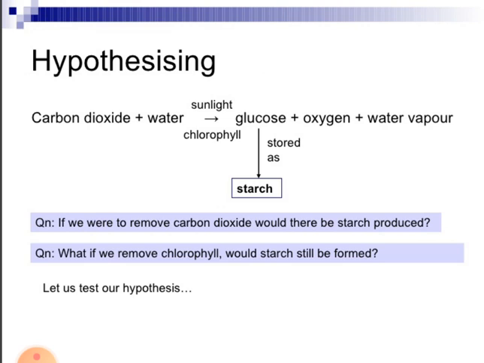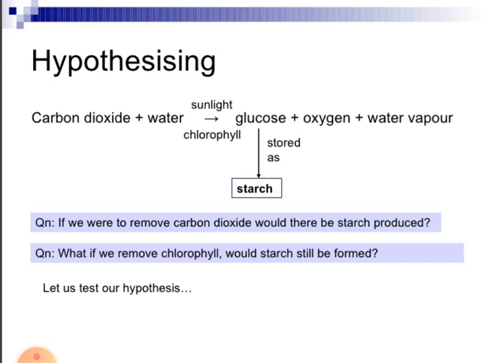Now, to continue our experiment, we want to look at some hypotheses. If carbon dioxide combines with water in the presence of sunlight energy and chlorophyll, glucose is formed, oxygen and water are liberated, and the formed carbohydrate is stored as starch in the plant.